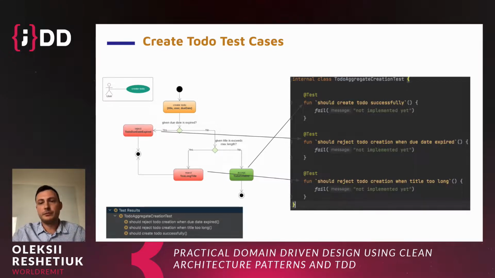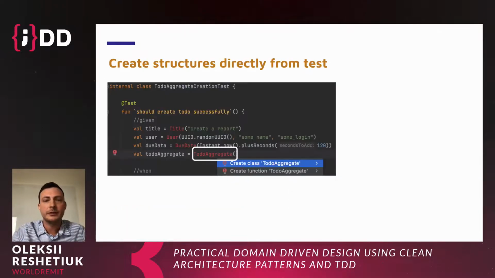Then we have to run these tests, of course, and see that all of them fail. Yeah, we see that all of them failed. Nice. Now we just have to write the tests, creating new structures on the fly.